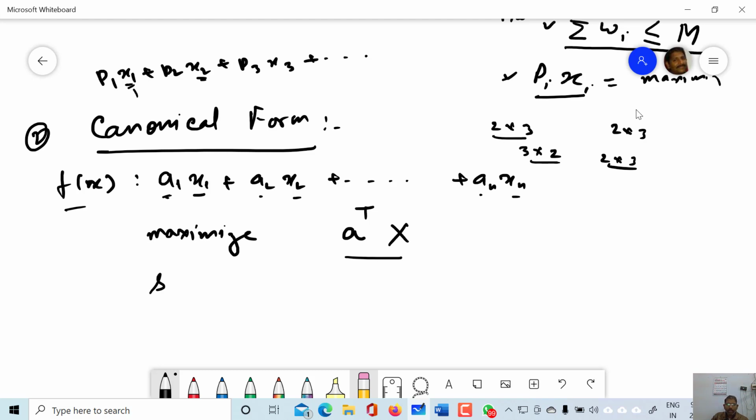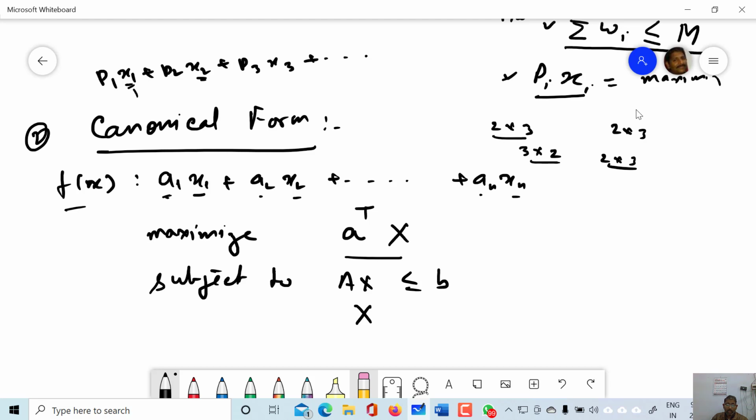Subject to this was our aim, and now I am going to write the constraint. Subject to A x should be less than or equal to b. This is a constraint, where A and x both are vectors, or you can say these are matrices, and in this x should not be negative.